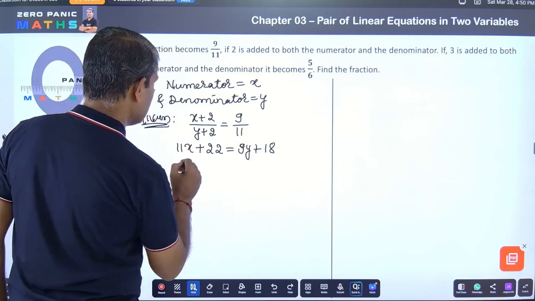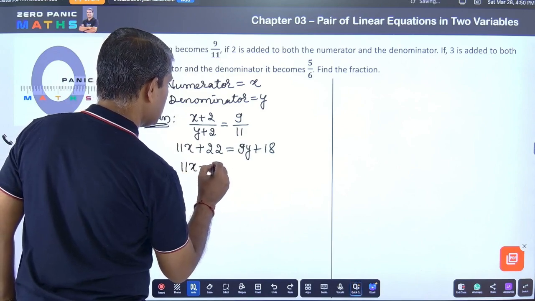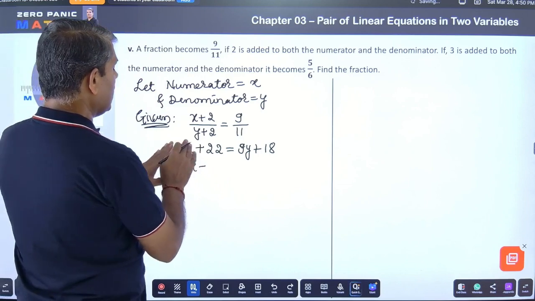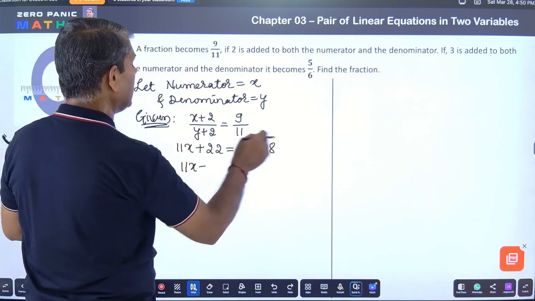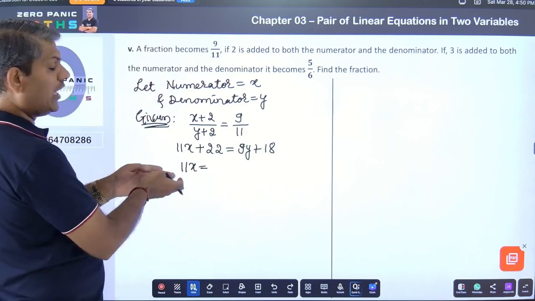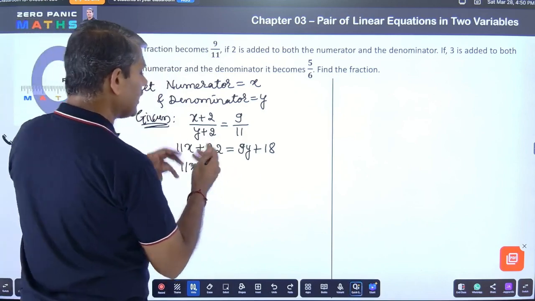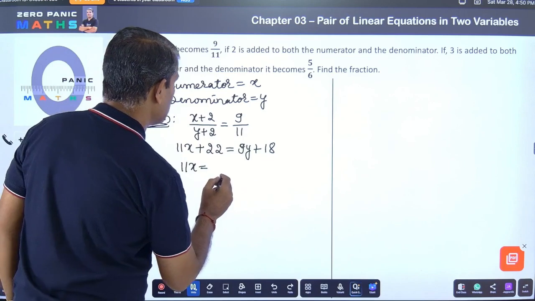Take 9y to this side. Let us keep x only on this side and take 22 to the other side, so that we can get x in terms of y directly. We are completing the first step of the substitution method.